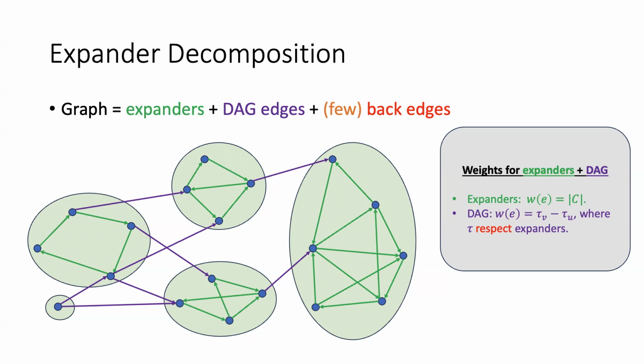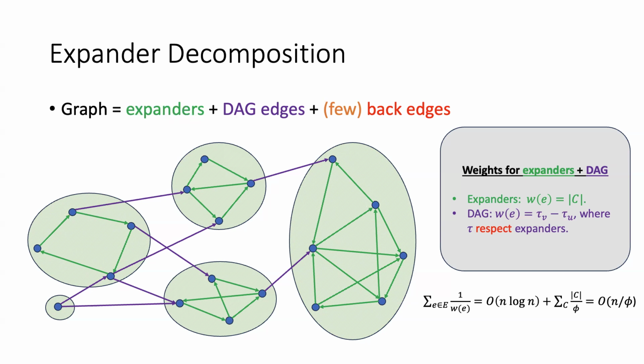And again, for DAG edges, you can only move forward, so the contribution of the DAG is another factor of n. So overall, this shows that there is a good flow that is short with respect to our natural weight function for this case. And it's also not hard to do a simple calculation to show that the sum of inverse weights in this case is also very small.